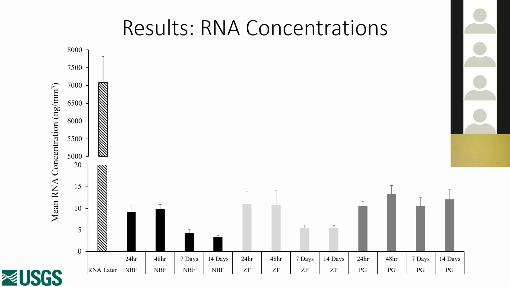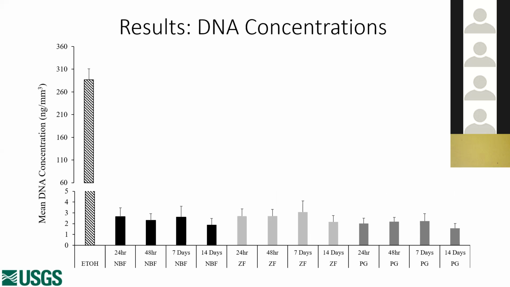And for PAXgene, the RNA concentration, I would say, was relatively stable over time. The highest time period obviously was 48 hours, but it didn't really seem like there was that drop off that we saw in the neutral buffered formalin and Z-fix samples.